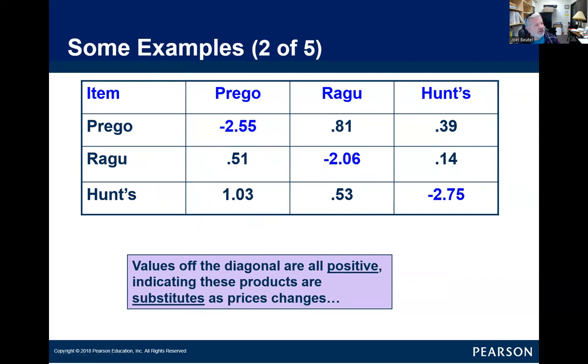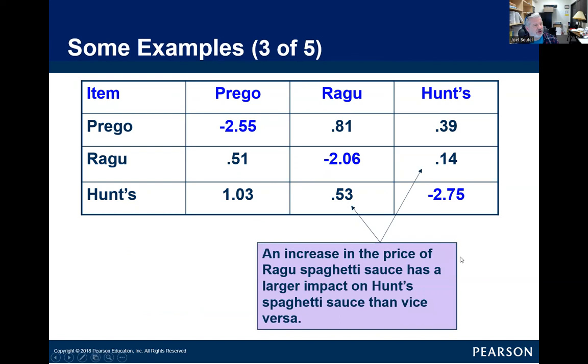So all the values not on the diagonal are positive, indicating that all of these products can substitute for each other as price changes. But what we can see is that some substitute more than others, right? People still have preferences. And where we see this the most is that an increase in the price of Ragu spaghetti sauce has a larger impact than a change in the price of Hunt's sauce.